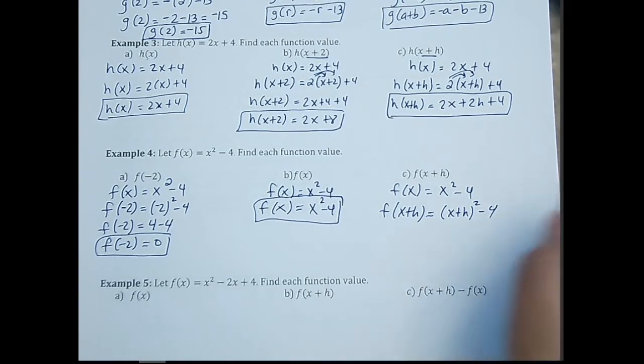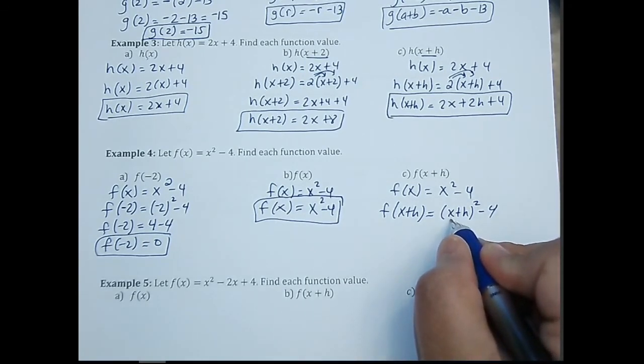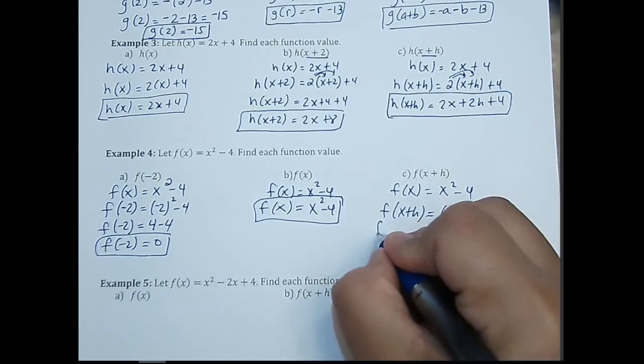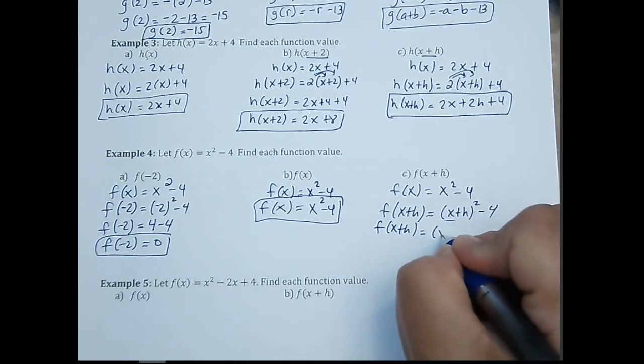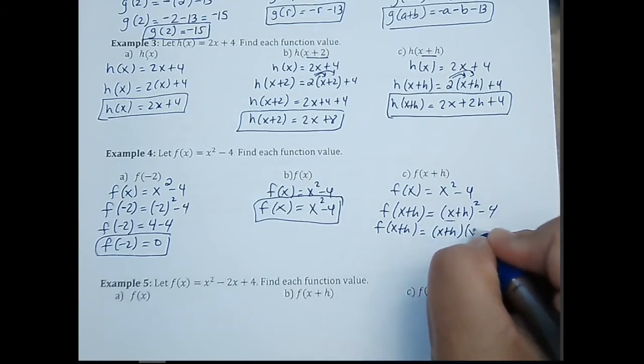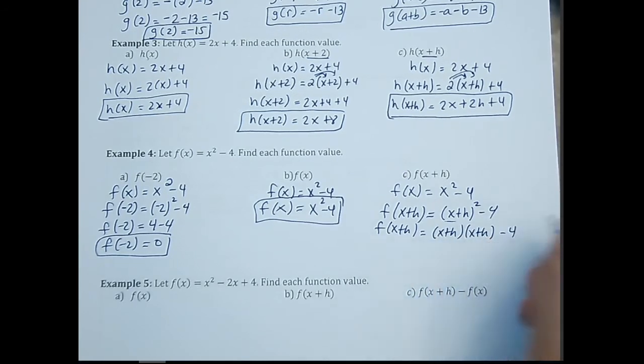So here we want to simplify further, so we're going to multiply this out. So x plus h squared is the same as x plus h times x plus h.